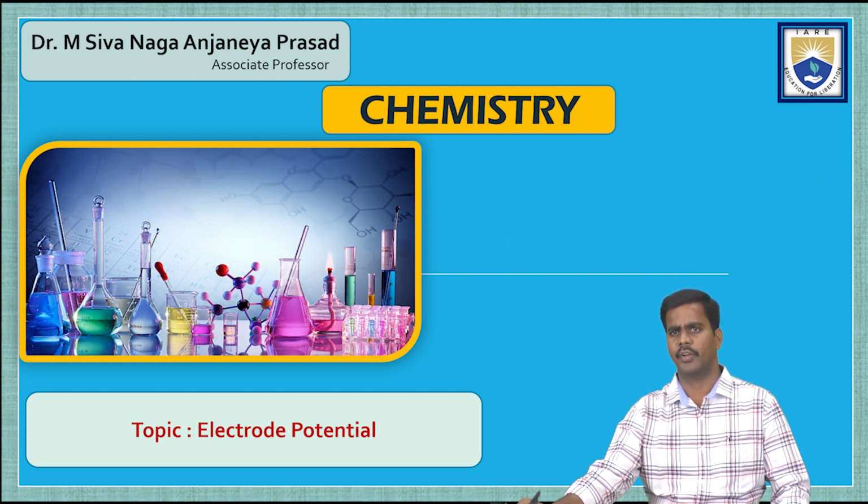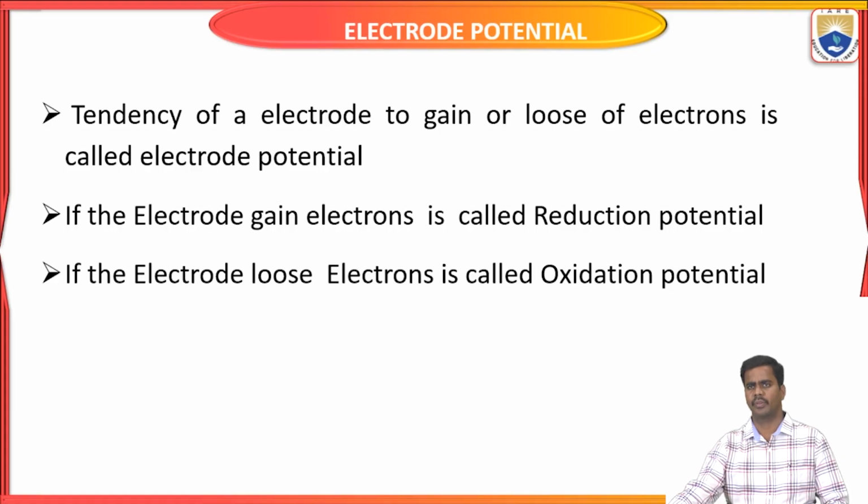Today, I am going to discuss a basic concept of chemistry, that is electrode potential. So, how can we define electrode potential? Here, potential is nothing but the tendency to gain or lose electrons.